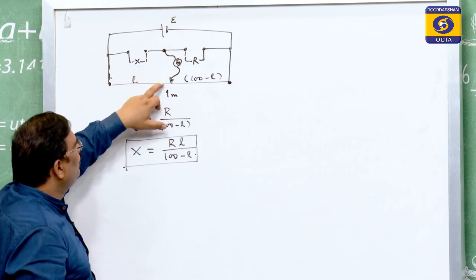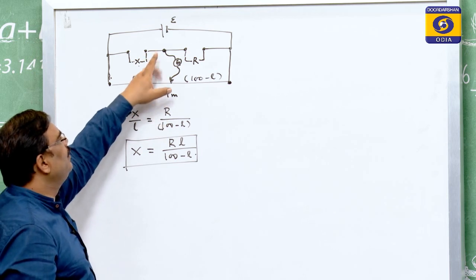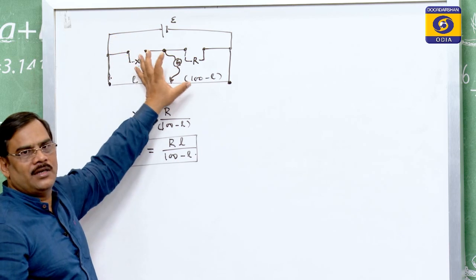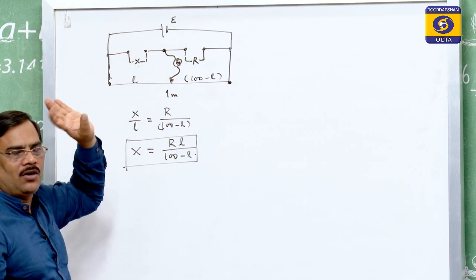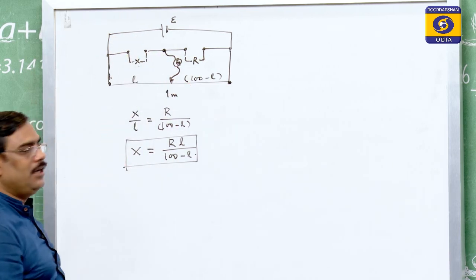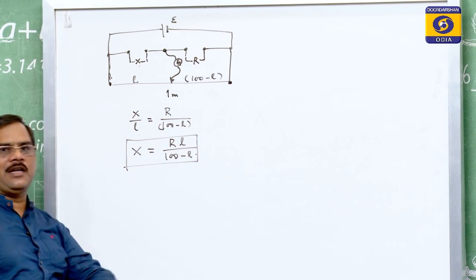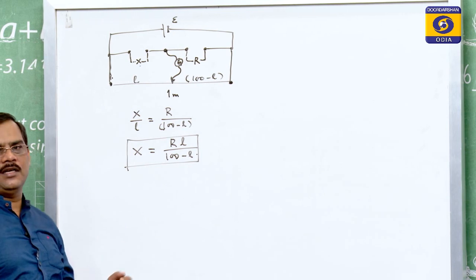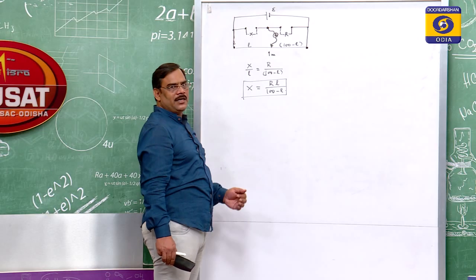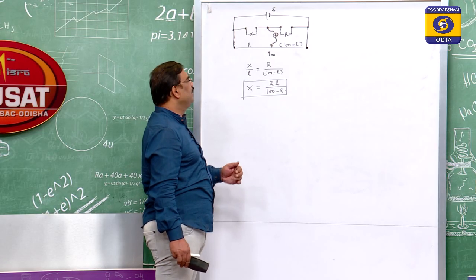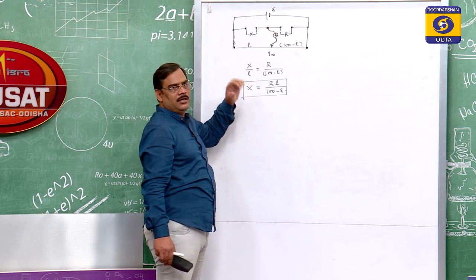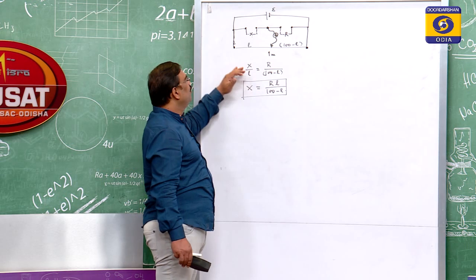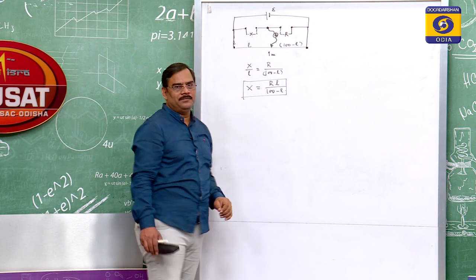There is no current through the galvanometer, means there is no transfer of current from one branch of the network to the other branch, unlike the voltmeter. In a voltmeter, some current passes through the voltmeter and therefore, the exact value of potential difference V cannot be calculated by using the voltmeter, which is not happening in case of a potentiometer. We will see the potentiometer after a while.